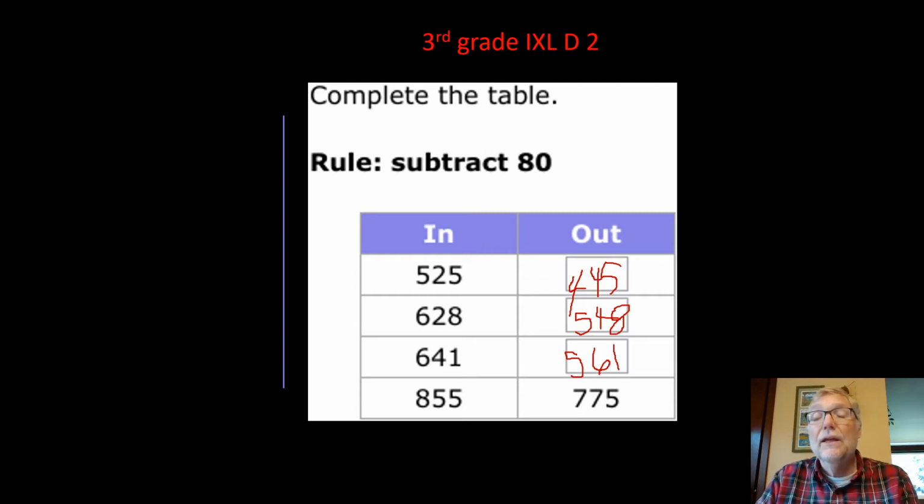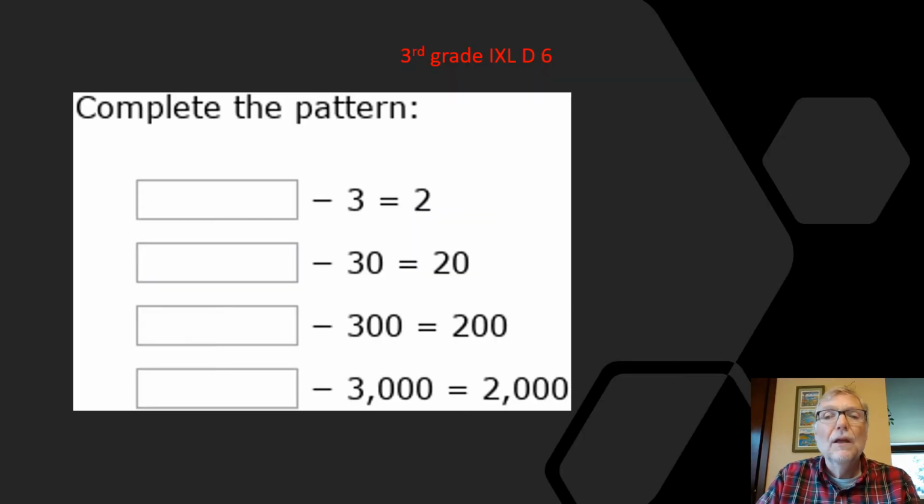So again, some of your students might have problems with this, but this is available to help practice. Now, when you do some of the IXL, you may have to sit next to your student and help them out. The next one is also seeing patterns here. So hopefully you would know that this would be 5, this would be 50.